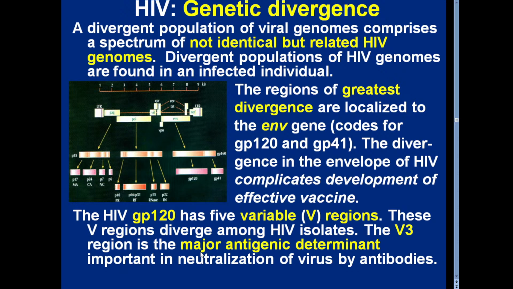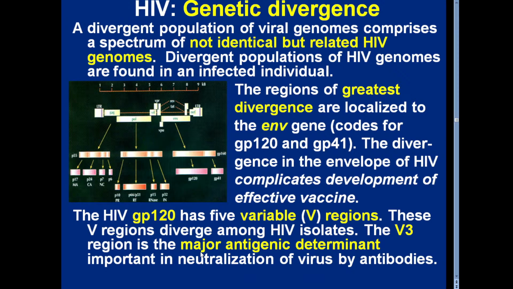One of the problems of these infections is that until now people cannot completely eliminate these viruses from HIV patients. That is due to genetic divergence of these viral organisms.